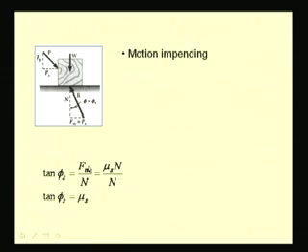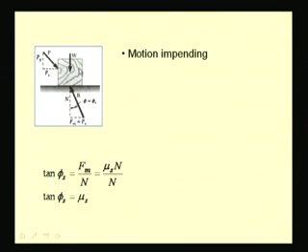And so, we have this tan phi s as F by N, in this case it is the limiting force F, and which is equal to mu s times N by N, and which simplifies to mu s. So, for the limiting case, the angle made by the resultant is related to the coefficient of static friction.